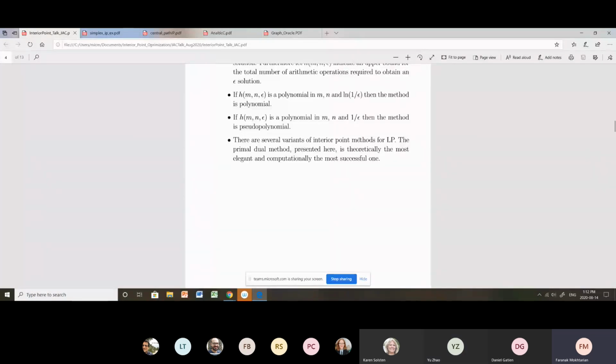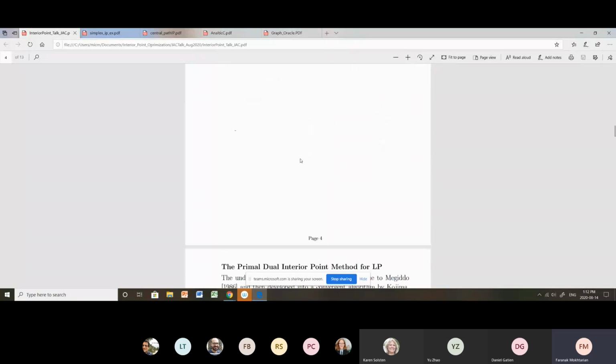I have selected only one of them to present here, the primal-dual path following method. It's theoretically the most elegant one, and computationally the most successful one. So I will only talk about that one.